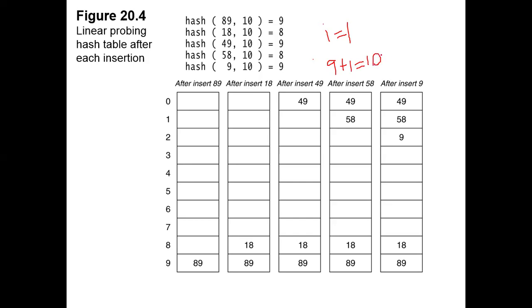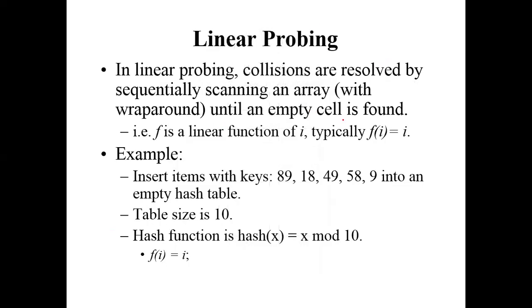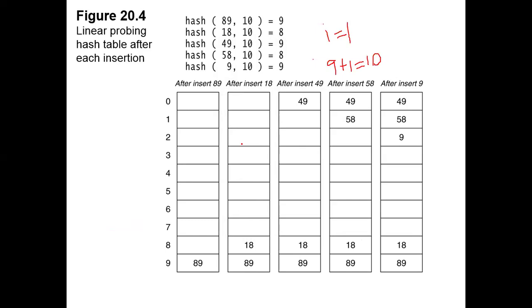Again we do the modulus function: 10 modulus 10 is 0. So at location 0, 49 will be added. That is the formula we have seen: a linear function of i, which is incremented based upon the collision.